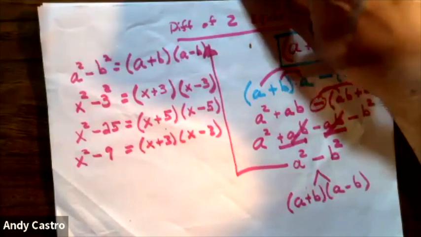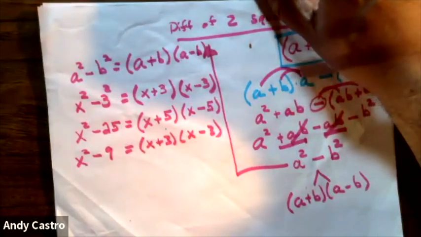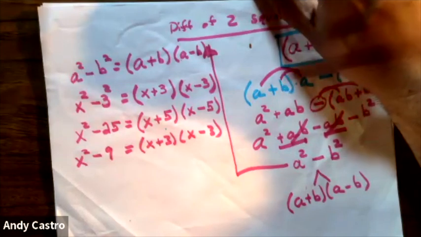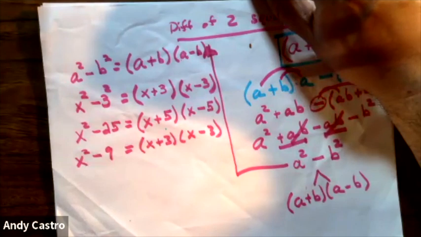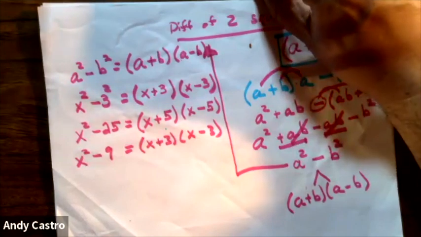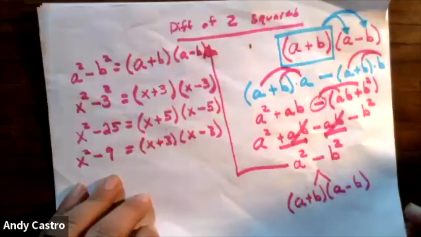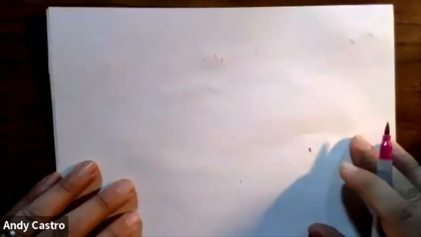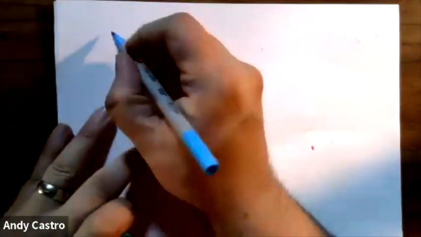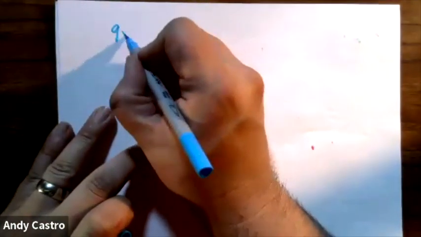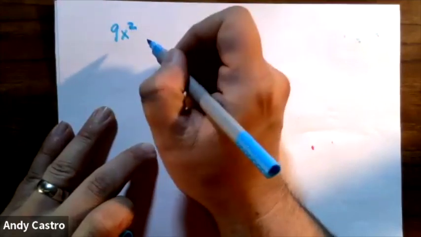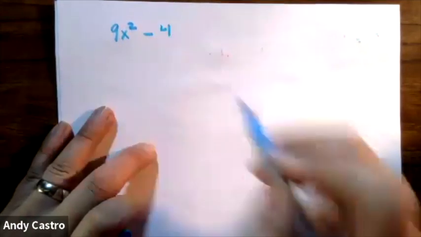And let's go ahead and do some examples. Let's go ahead and do 9x squared minus 4.